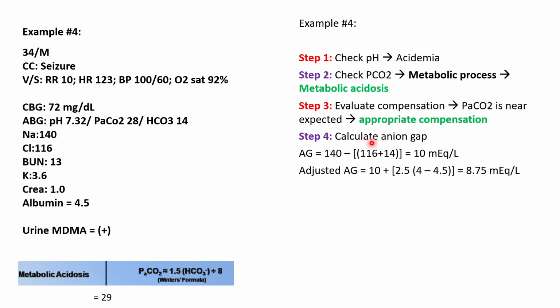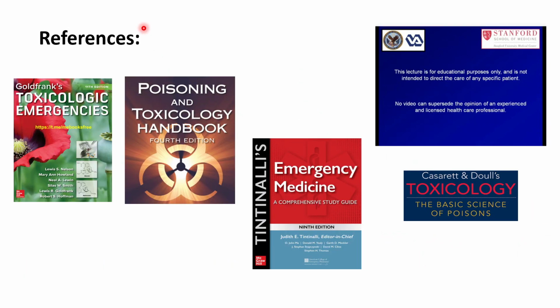So using your Winter's formula, 1.5 times bicarb plus 8, the PaCO2 is around 29 and the calculated is 29, but your actual PaCO2 in the ABG is 28.